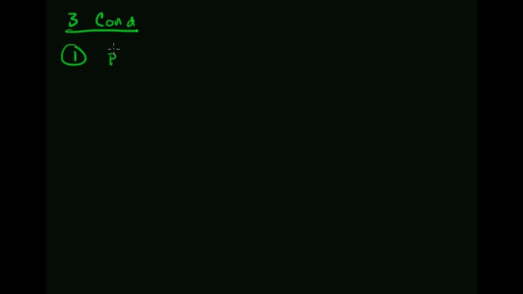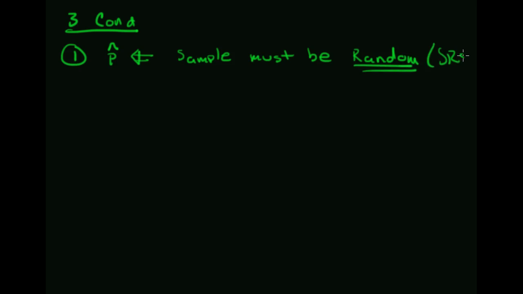In order for us to verify p hat as a valid point estimate, the sample must be random. So we will call this the random condition. Ideally, it's a simple random sample. Okay, but it has to be random.